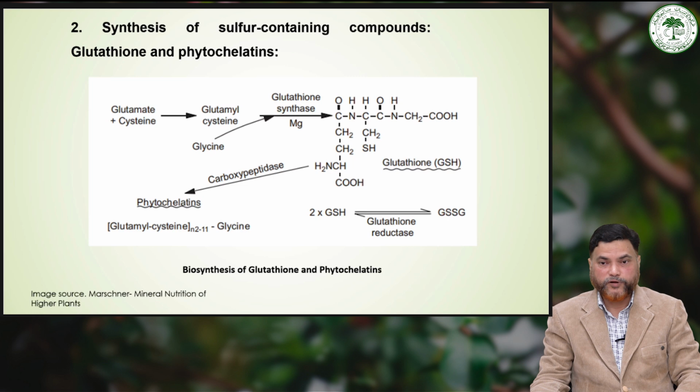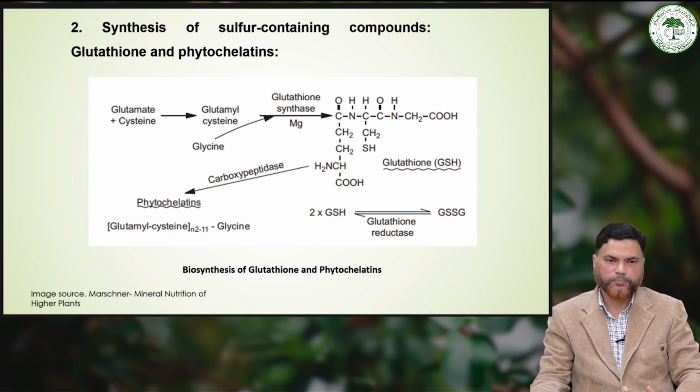Now, phytochelatins, you see, are small peptides synthesized in plants in response to heavy metal stress. So, plants could face various sorts of heavy metal stress, particularly exposure to cadmium, lead and arsenic.